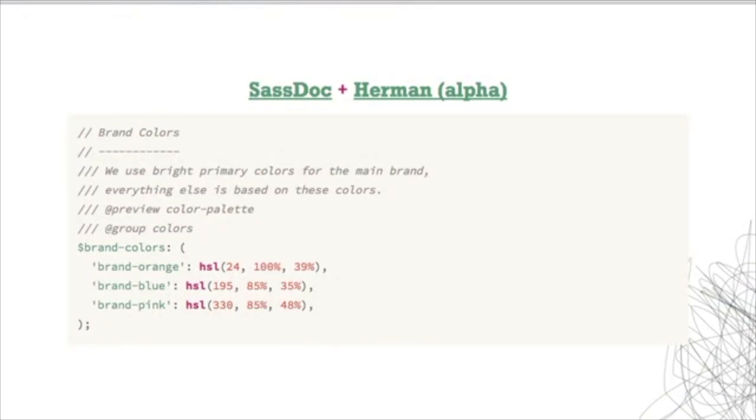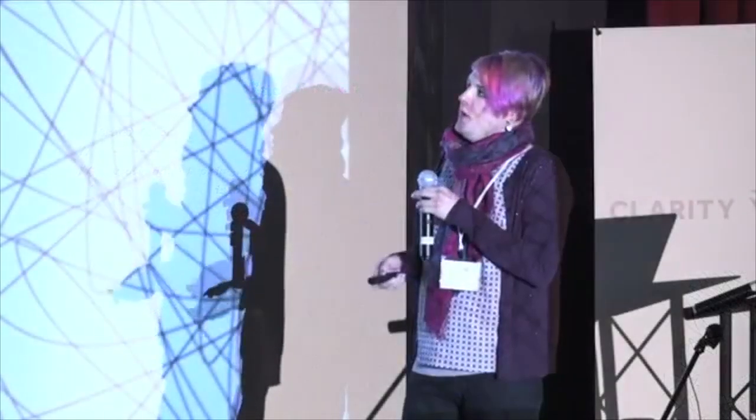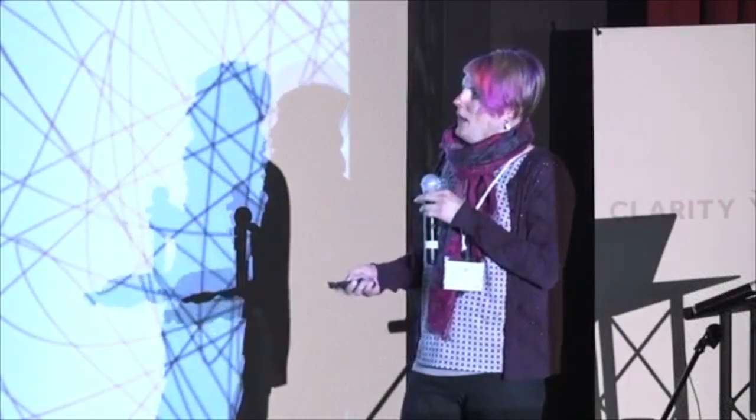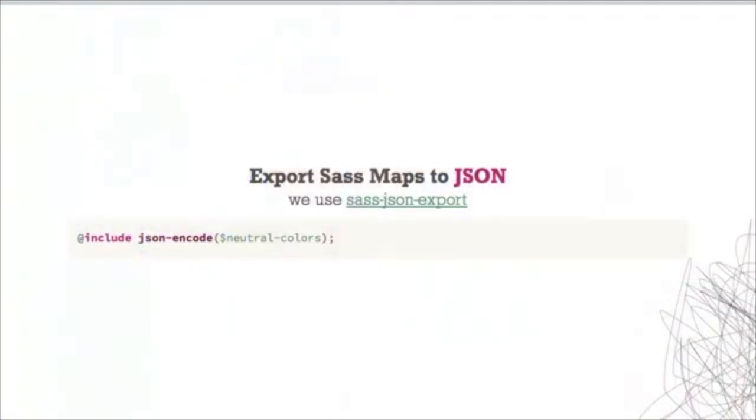But you use inline documentation. KSS does this, a bunch of other documentation tools. This isn't the only option. We added some things to it. So we added a preview option there, preview color palette. And then we export our color palettes to JSON. I think Salesforce does the opposite.